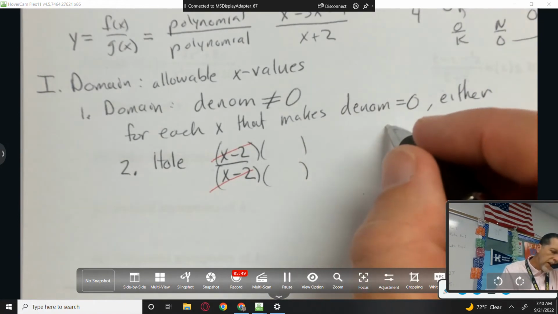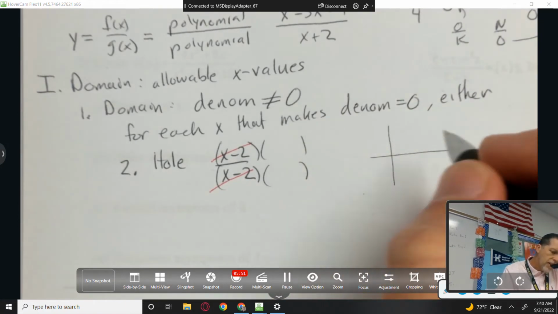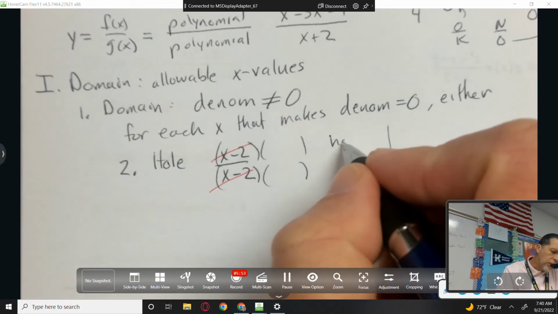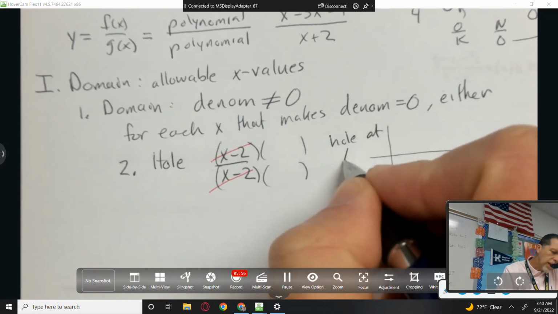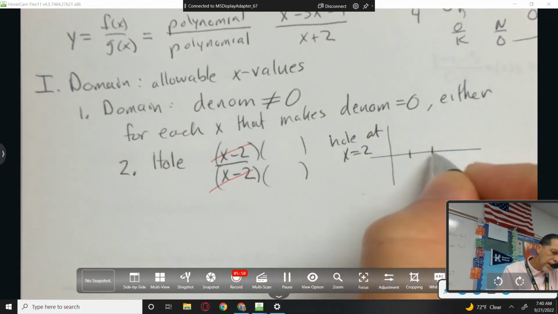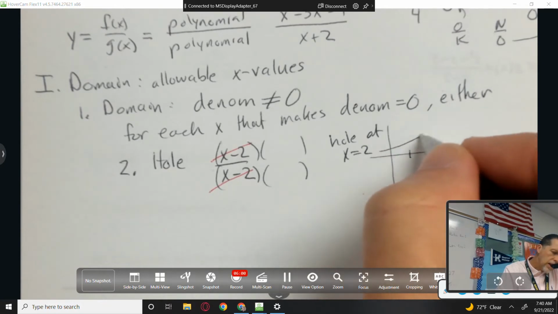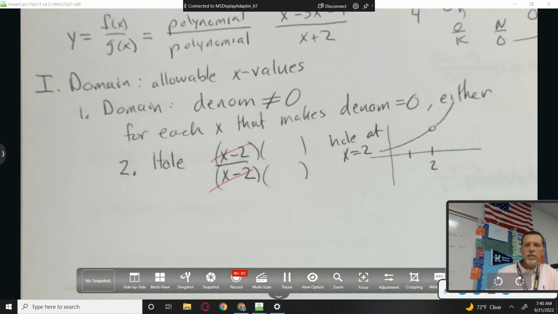What that looks like on the graph, so this one would have a hole at x equals 2. So whatever's going on in the graph, there's a hole at x equals 2.